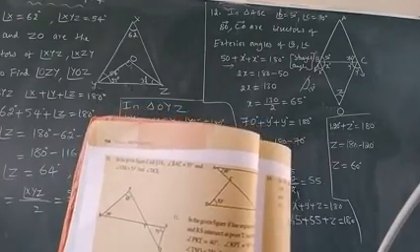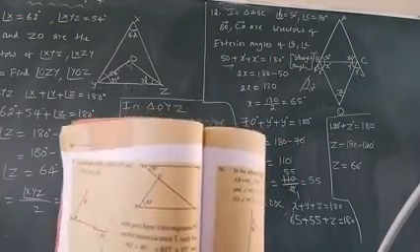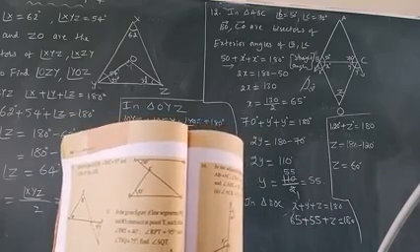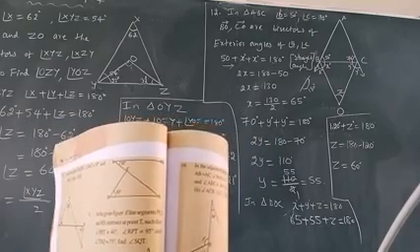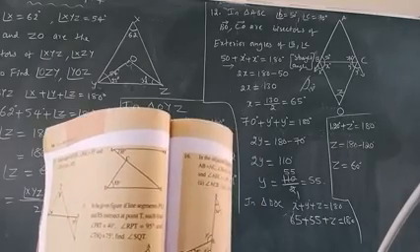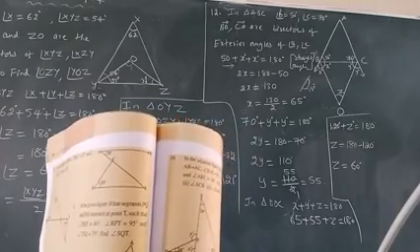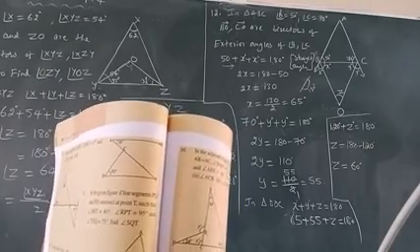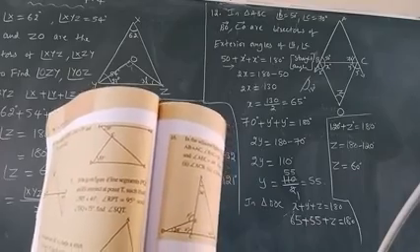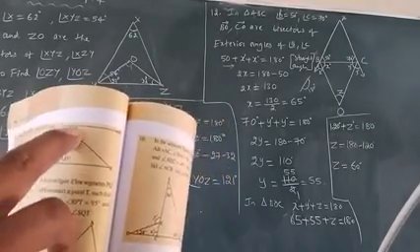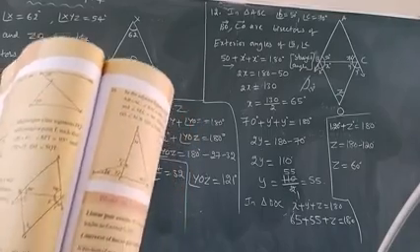In the figure, AB is parallel to CD, angle BAC equals 35, angle CDE equals 53. Find angle DCE. So here apply that the two are parallel lines.